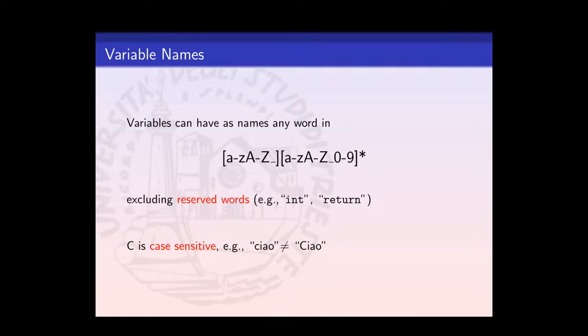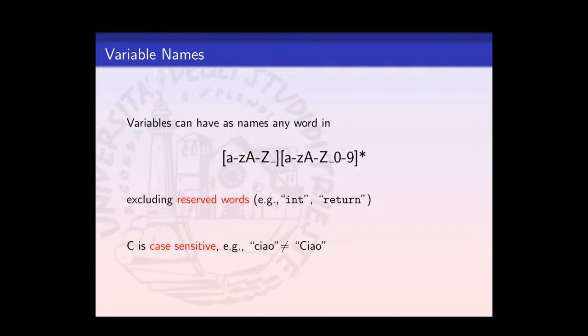And so if you come from languages like, I don't know, Pascal or Delphi, probably, but almost certainly you are not coming from Pascal or Delphi, but this is just to let you know: the C programming language is case sensitive. This means that calling a variable ciao, or calling a variable Ciao with a capital C as the first letter, makes a difference.